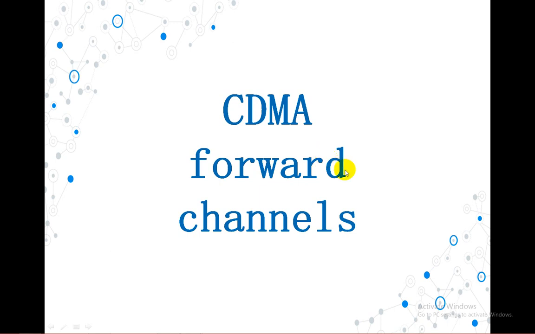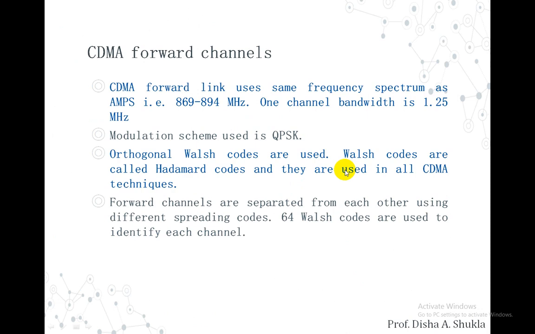So CDMA forward channel means it uses the same frequency spectrum as the AMPS, that is 869 to 894 MHz. One channel bandwidth is 1.25 MHz. The modulation scheme that is used is QPSK, that is the Quadrature Phase Shift Keying.